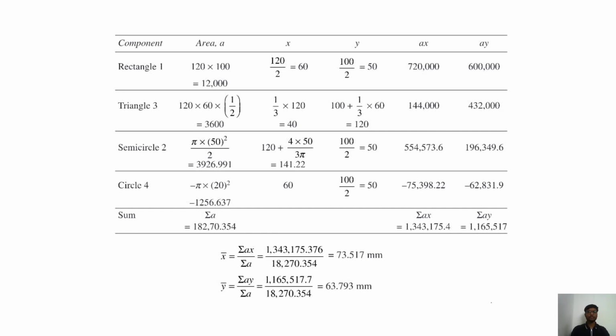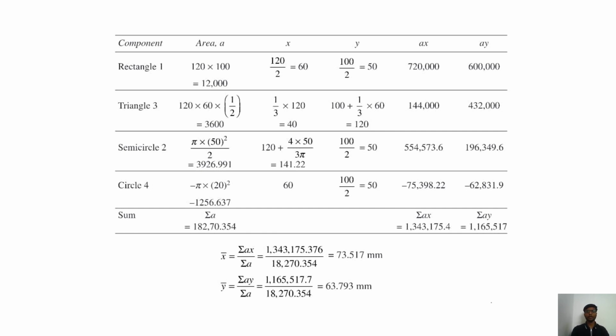Now the summation of area is equal to 18,270.354. Next, the summation of AX is 1343175.4. The summation of AY is equal to 1165517. Then next we have to find X bar.